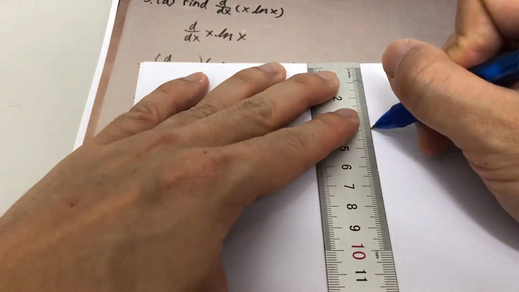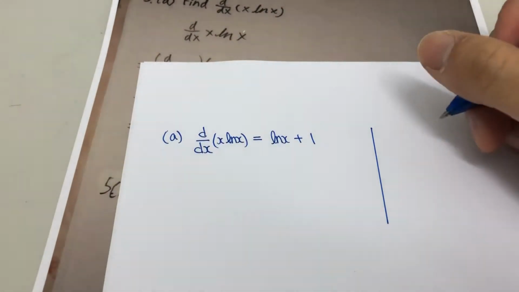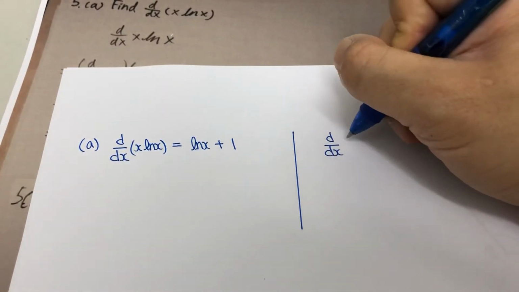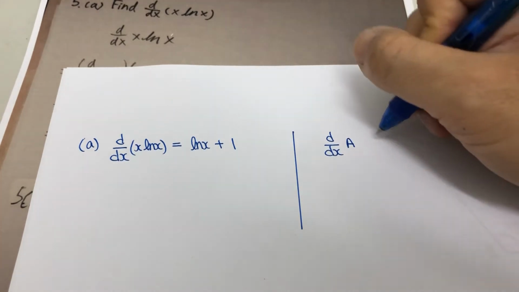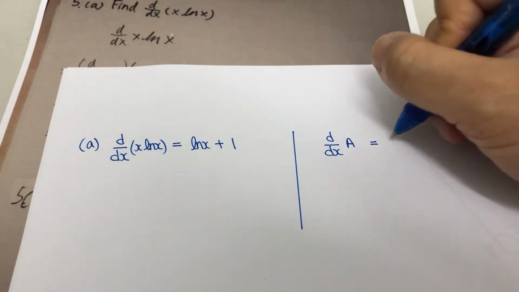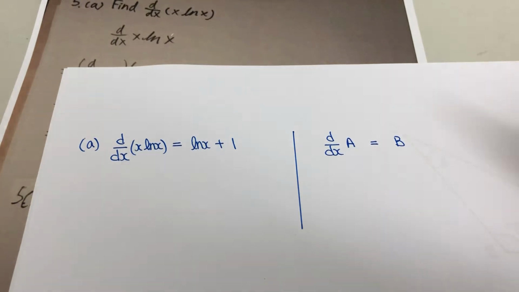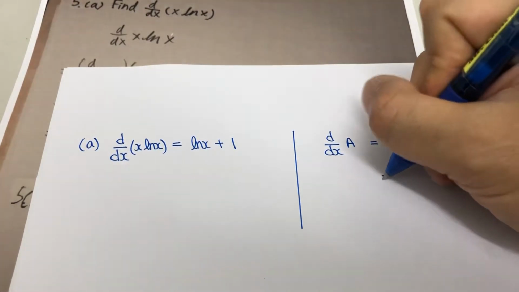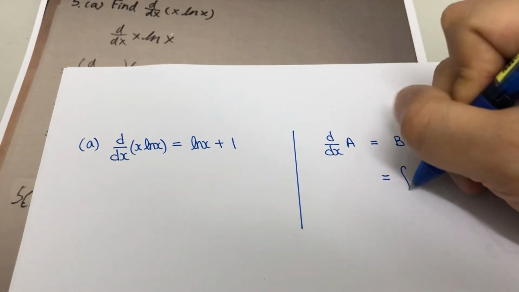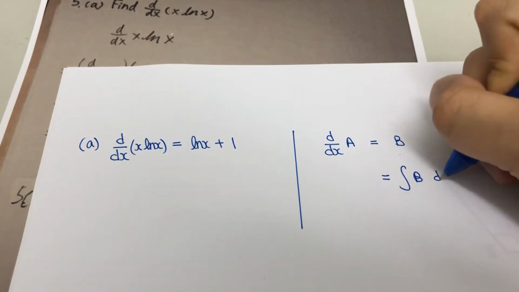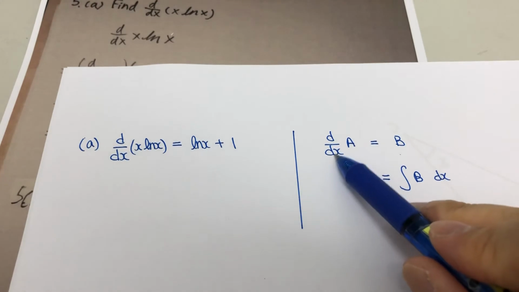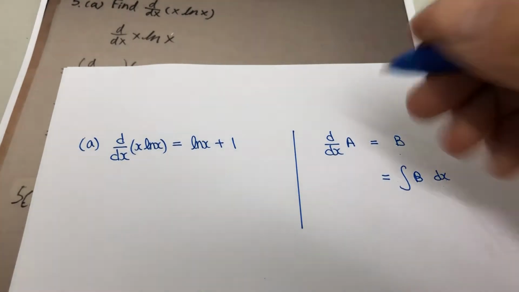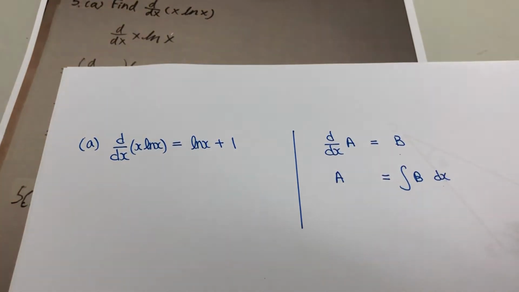So let's recall the story. When we differentiate a function, for example, when we differentiate a, it becomes something new, for example b. Differentiate a becomes b. That means when we go backward, when we integrate b with respect to x, we go back to a.